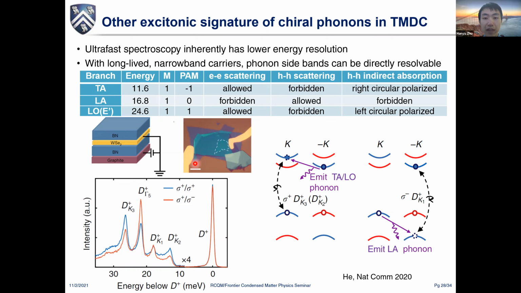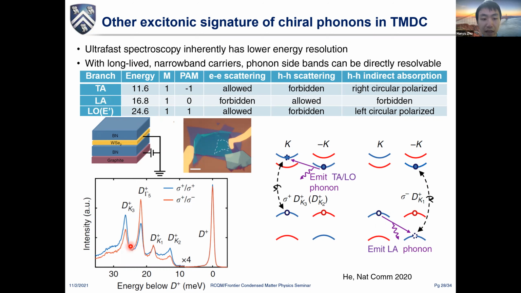So all these emission lines are forbidden, but only in high quality samples can you start to see something. And then they identified two possible mechanisms by which phonons can assist this forbidden transition. One is that the electrons do intervalley scattering and recombine, and the other is holes doing intervalley scattering and recombine. In those cases, you have different selection rules, because electron scattering only interacts with the TA and LO modes, whereas the hole scattering only interacts with the LA mode.